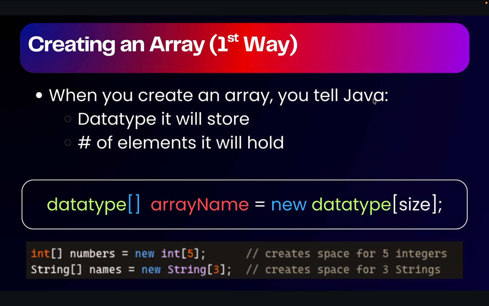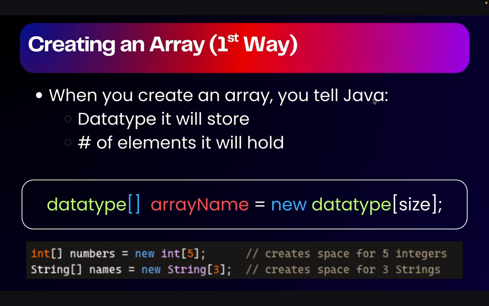So if you take a look at our examples, at the bottom, we have int numbers and we have string names. And if you take a look, both of those have those keywords of new. And yes, new has to be all lowercase. And you do have to specify new every time you create an array.